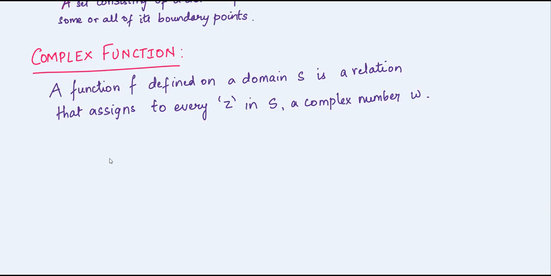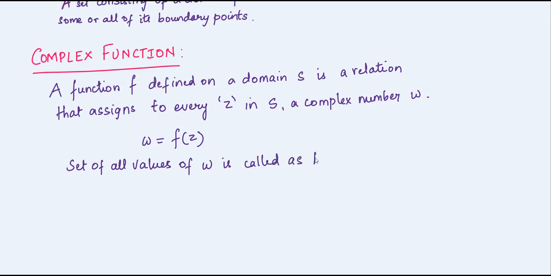Now this is defined as the complex value W is f of z. Now the set of all values of W is called the range. This we can understand.